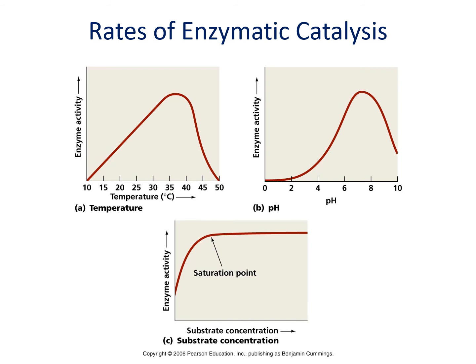37 degrees is body temperature for humans and other mammals, and our enzymes have evolved to work best at that temperature. Now, when you go above 37 degrees, somewhat surprisingly, the activity drops off very dramatically. And if you think about it, it's not that surprising because enzymes are proteins.